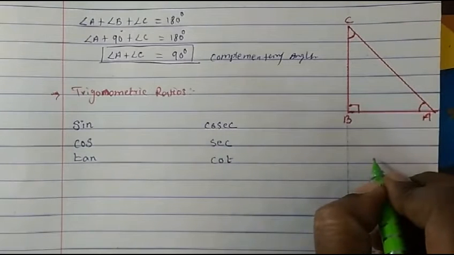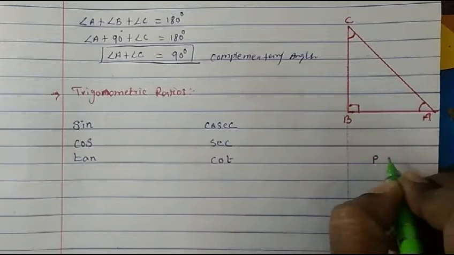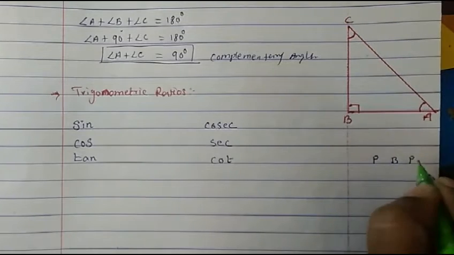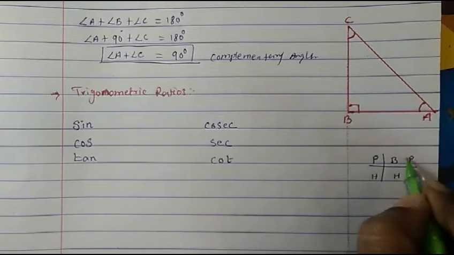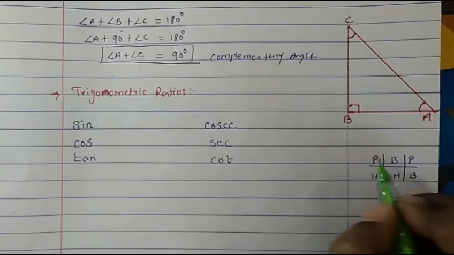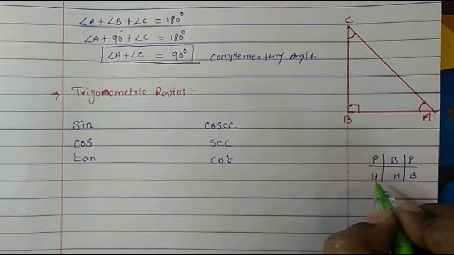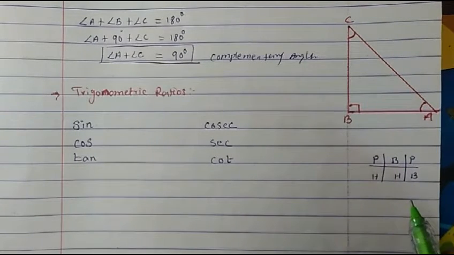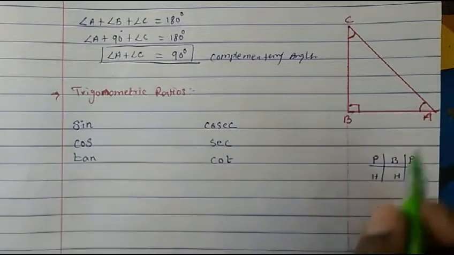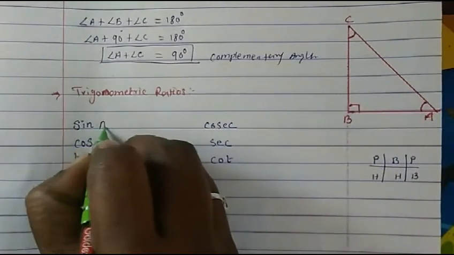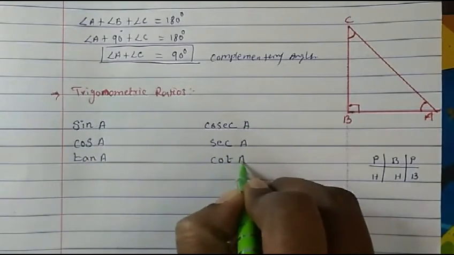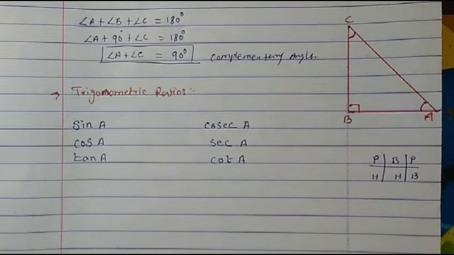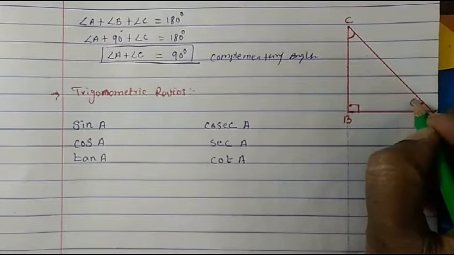I have told you how we write the ratio: Prince beating princess, horribly beating. P stands for perpendicular, H stands for hypotenuse, B stands for base. Now if I take A as theta, meaning theta is the angle, let's consider this angle A is our theta.